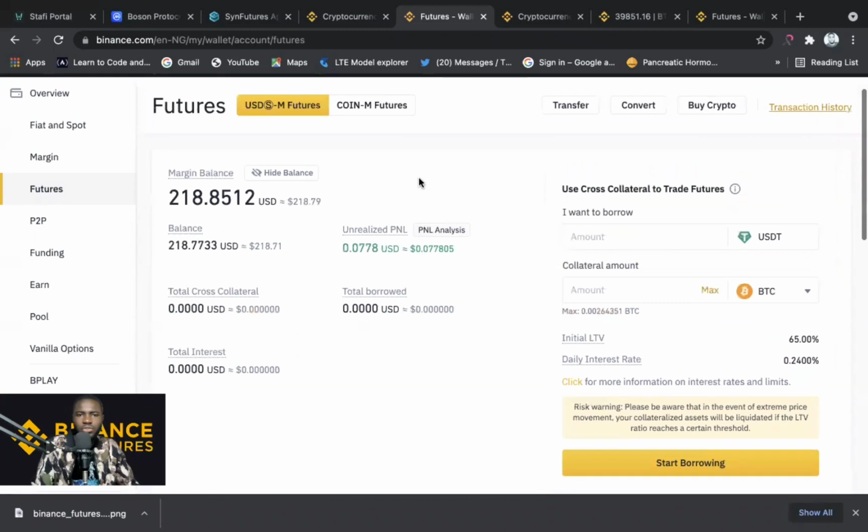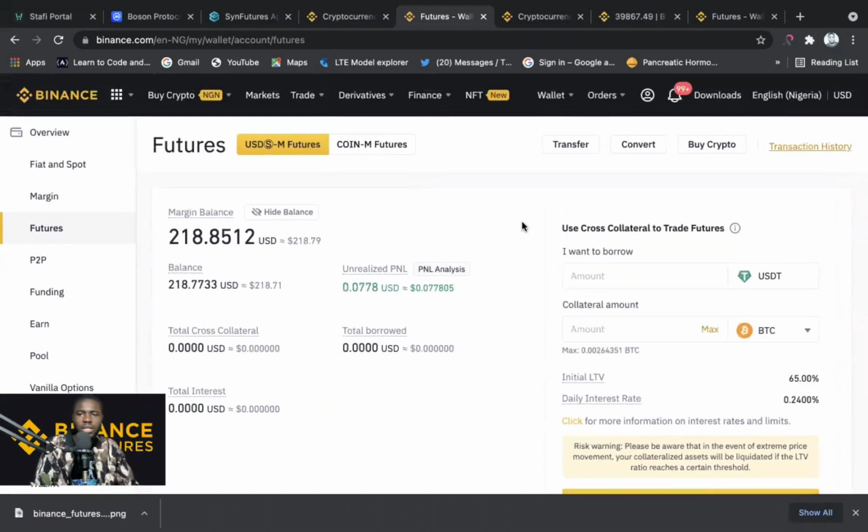Another thing I would like to show you guys today is how to use the cross collateral feature on Binance Futures. So right now I have 218.8 dollars. That's because I'm using the multi-asset mode, right? My balances are merged together, and both of my positions are going to depend on this singular balance.